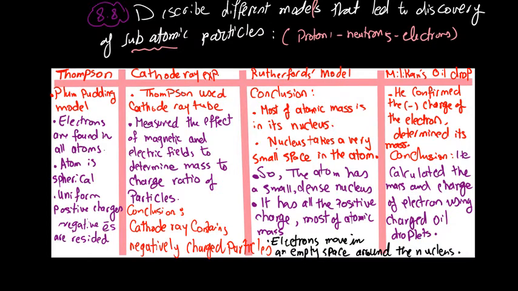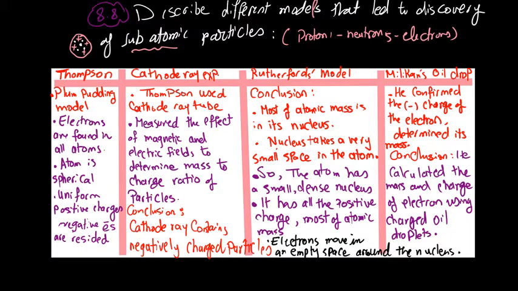The atom is spherical, and the positively charged particles are evenly distributed, like they are everywhere in the atom, and the electrons are embedded between the positively charged particles. This is according to Thomson.